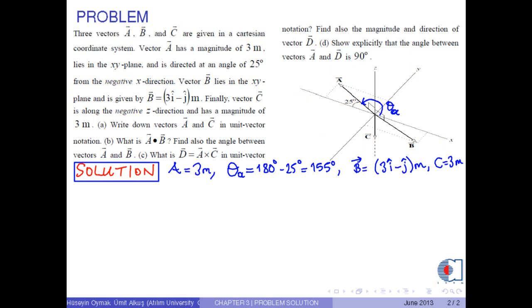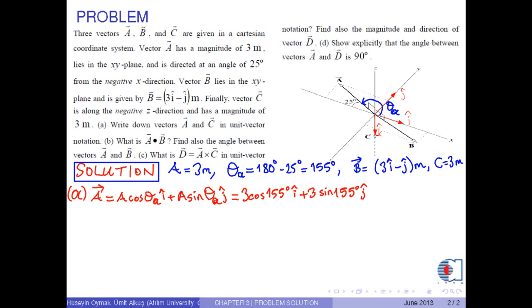First of all, we write the given quantities in SI unit system. In part A, we write down vectors A and C in unit vector notation as follows. Now we put the numerical values into the equation. Therefore, we have. Note that in this middle result, we use 5 significant figures.